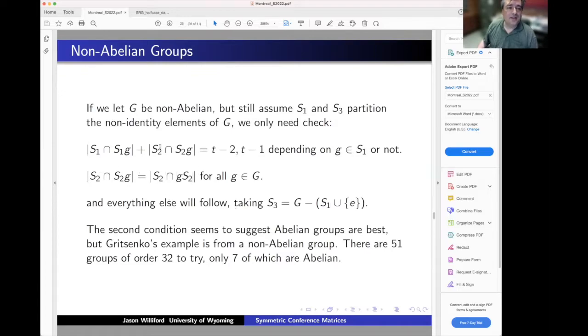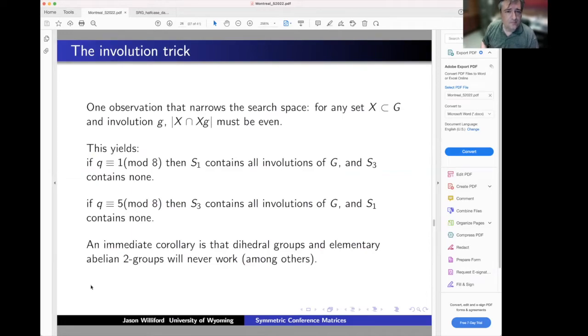Getting these kinds of conditions, by the way, if you sit down and play with them a little, at some point, I took some inverses and multiplied by things just to make it easier, but it's pretty straightforward to get to these conditions. So now one thing, though, that narrowed the search space a lot was also noting one thing about involutions, a very simple thing, that anytime you take a subset of a group and you push it by an involution, the intersection of this must be even.